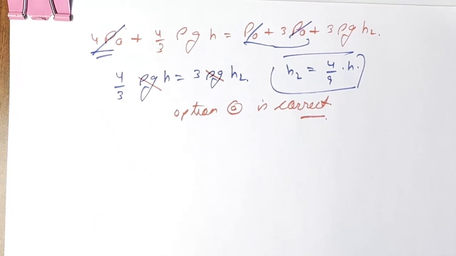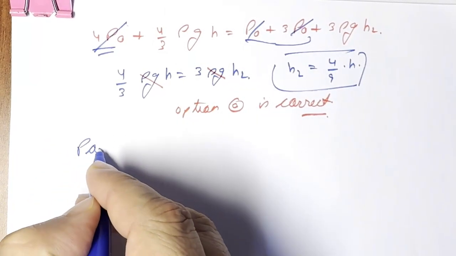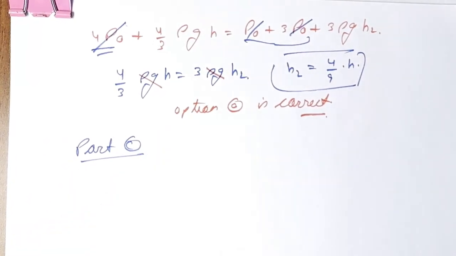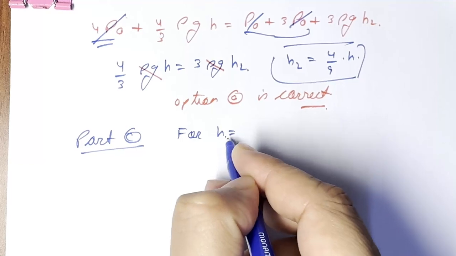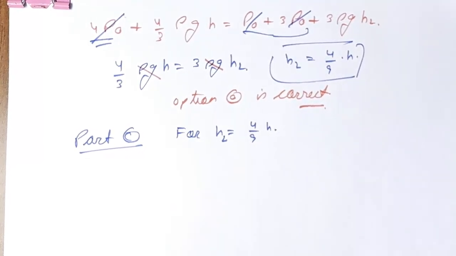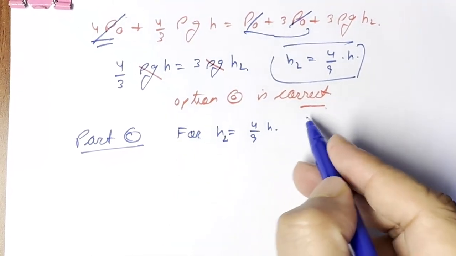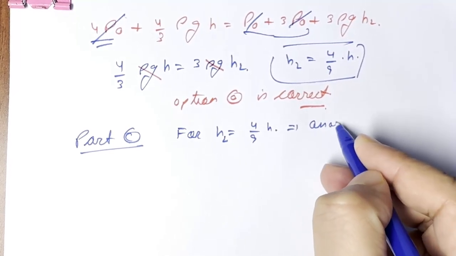So this portion we are going to analyze for H2 equal to 4 by 9H, and at this particular value of height of the liquid we are going to analyze the forces.